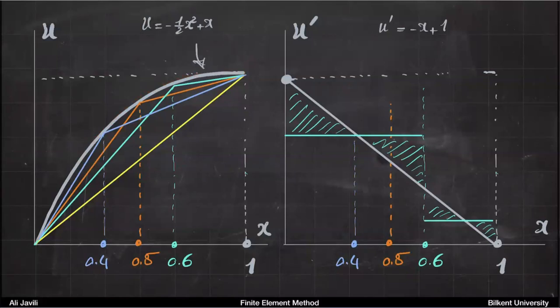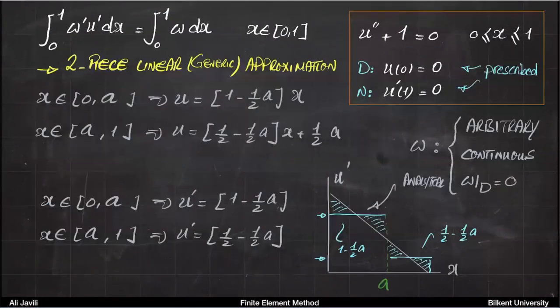You can imagine that, if you wanted a two-piece approximation, maybe this would have also been an approximation. So you can have different two-piece approximations, but finite element ones, the way we do it at least, are usually related to underestimating the analytical solution.